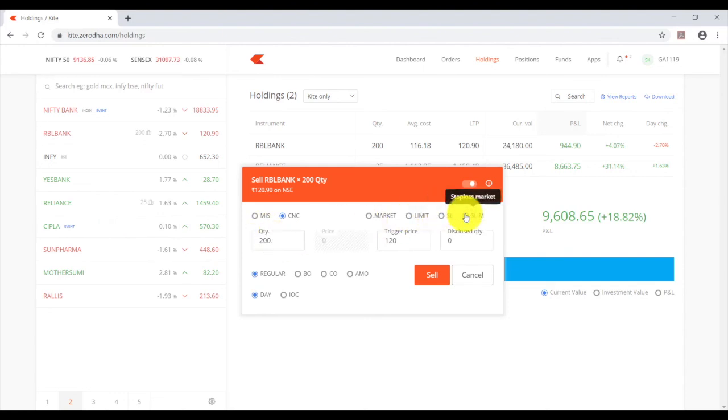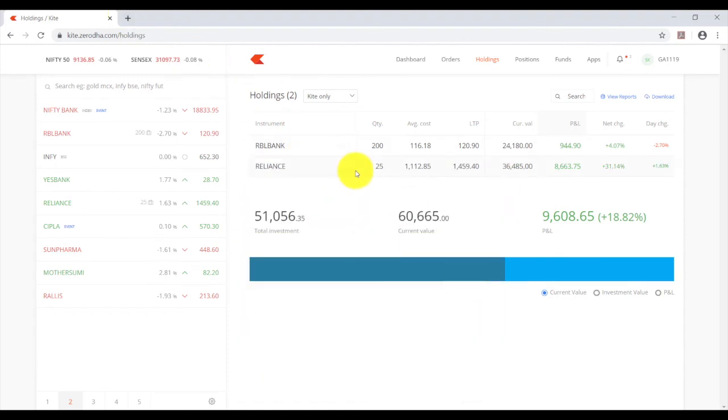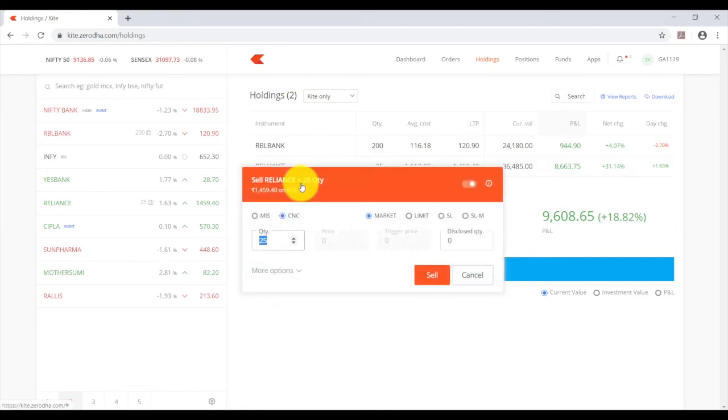Again, I can use disclosed quantity, but here I won't use it since I have a very small quantity, guys. In case of stop loss market, I simply need to put in the trigger price. The price option is not available to me. I'll show you this from the point of view of Reliance. I'll simply go here and press exit. As you can see, the quantity is placed here itself, and I'm going to use a CNC stop loss market regular day order.